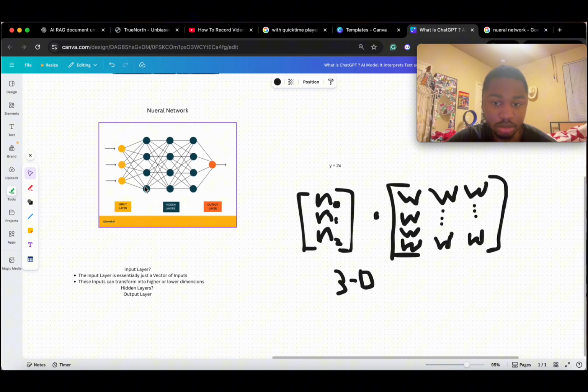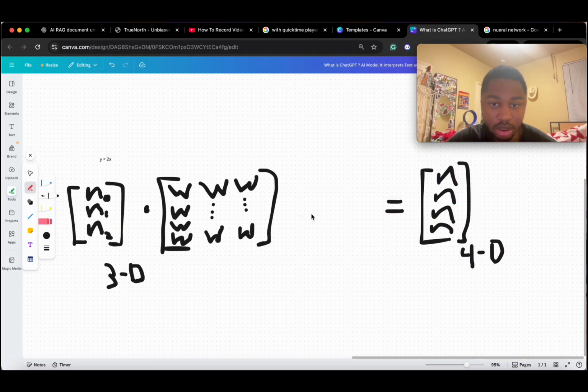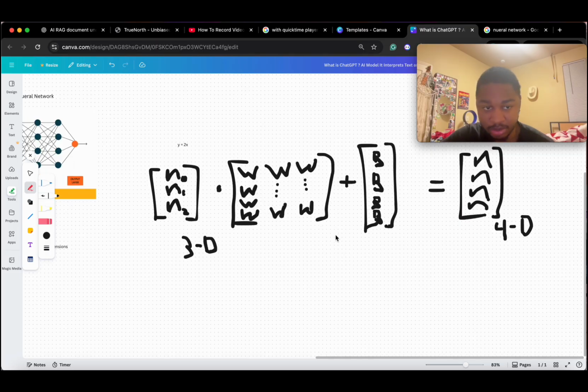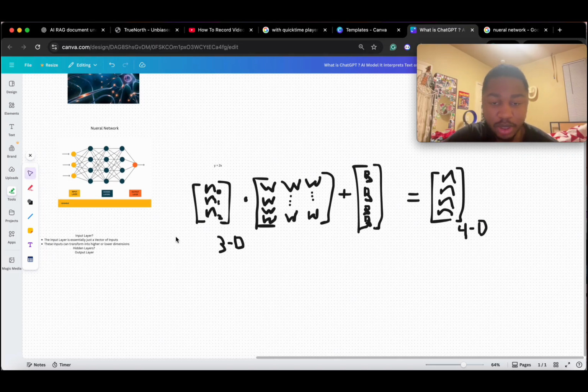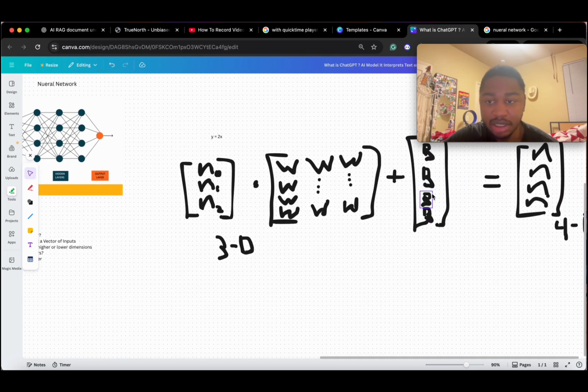Something like this. I'm not going crazy in detail, but just understand these are used to transform a neuron.